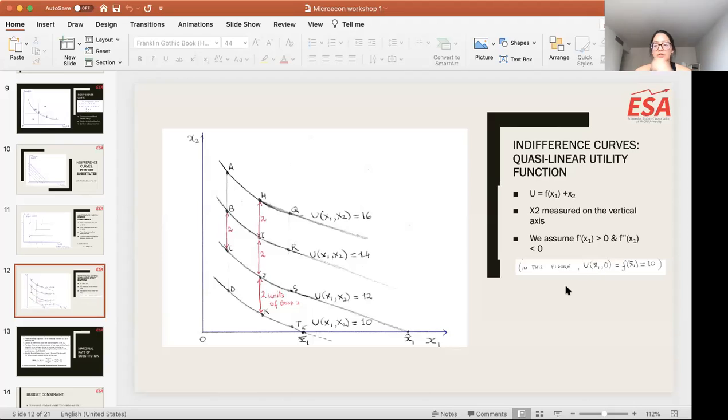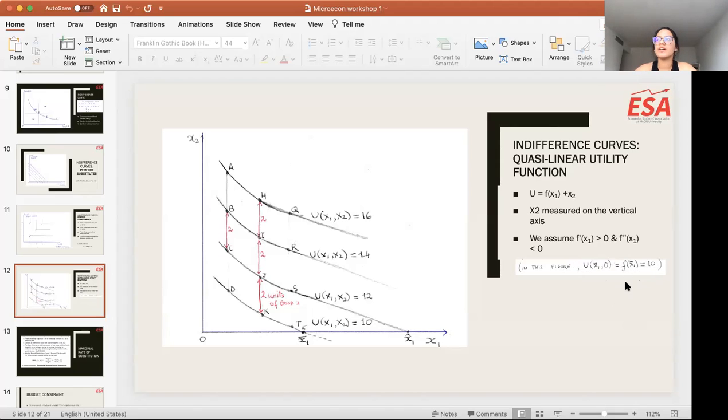So here, this is a pretty straightforward quasi-linear utility function, which is u(x1, 0). If it's a 0, the second value doesn't really matter. So all you have to do in this is a function of x1, which should equal 10.